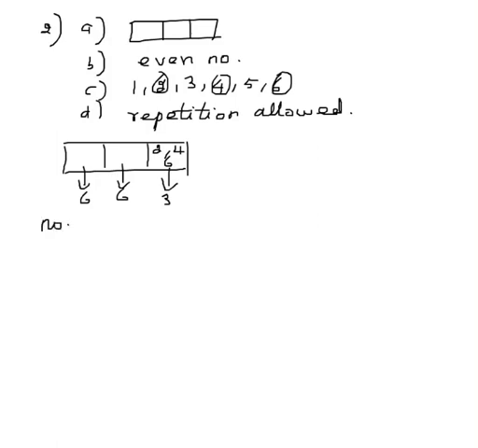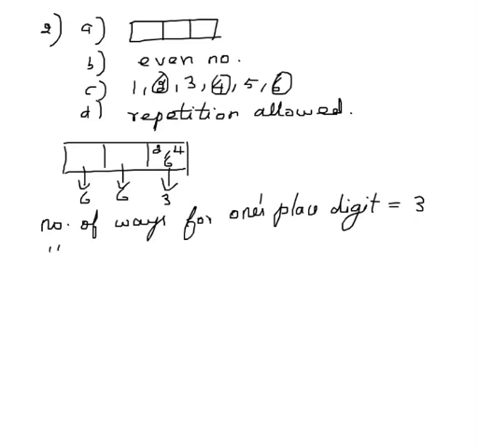So number of ways for ones place digit is equal to 3. Number of ways for tens place digit is equal to 6 because repetition is allowed.